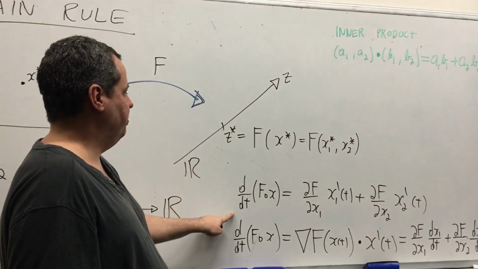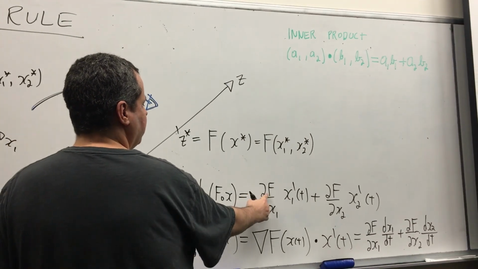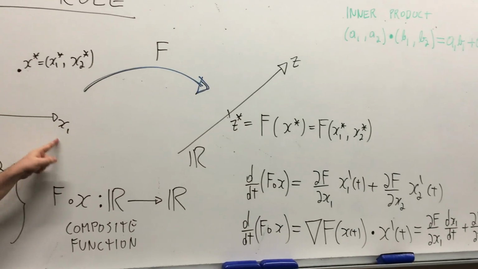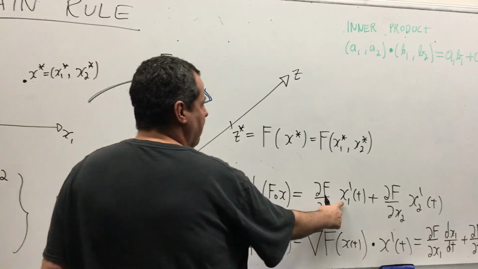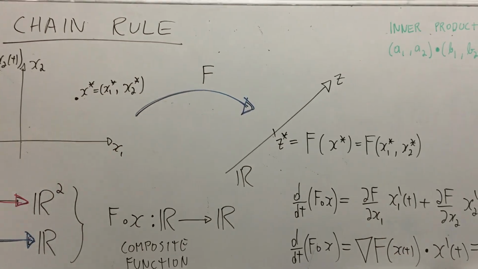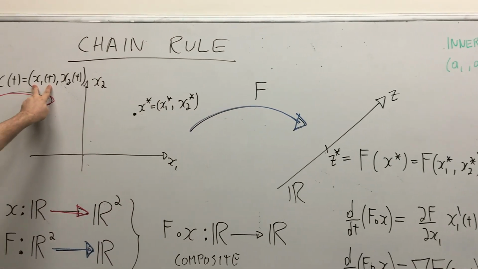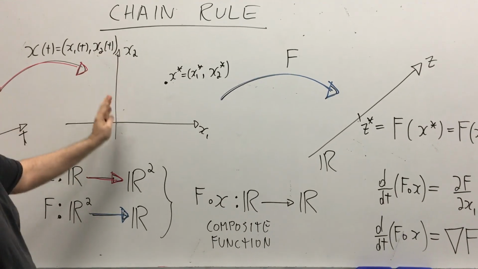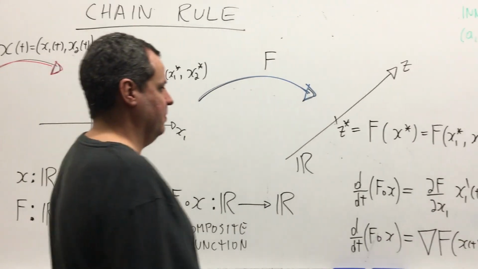Right? How do you compute? Well, this is the partial derivative of F with respect to the first coordinate, x1, multiplied by the derivative of x1 of t. Remember, x of t is made of two functions, x1 of t, the first coordinate, and x2 of t, the vertical coordinate.